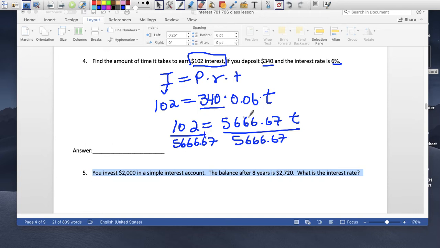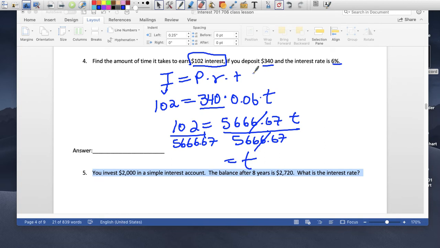So if I divide, and on the other side, 102 divided by 5,666.67, and t is going to be, well, it says 0.018, so something is not right here.